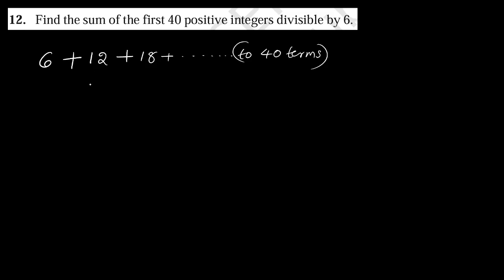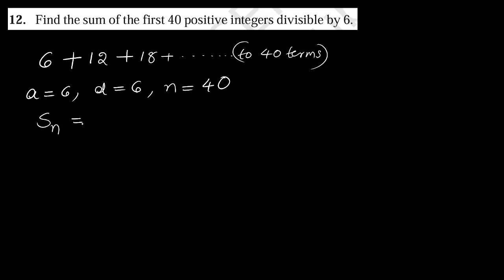If you are faster, you may send me the answer. It is an arithmetic progression with the first term 6. Common difference is also 6. Number of terms 40. Okay, it's a simple question.